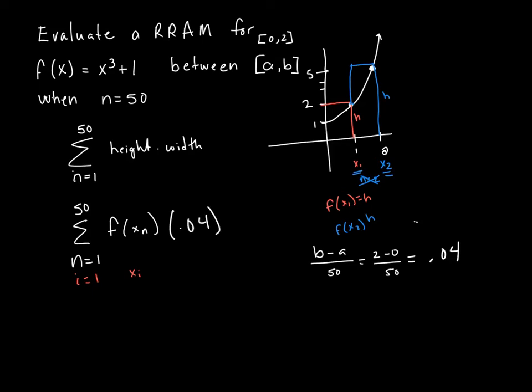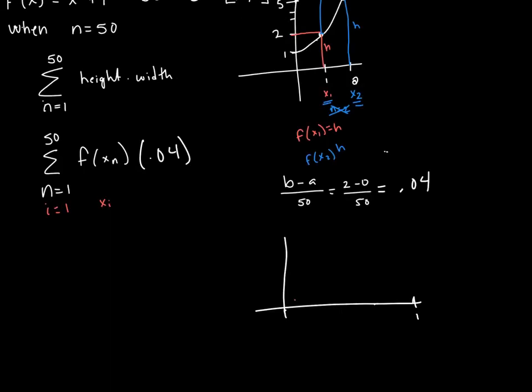Now, how are we going to find out this f of x n? Well, it's at every single endpoint, right? So if my first width is 0.04, that would be f of 0.04.